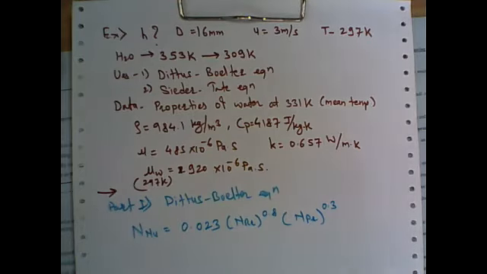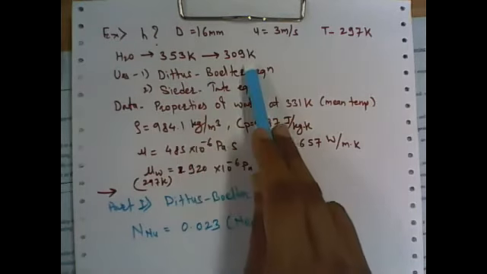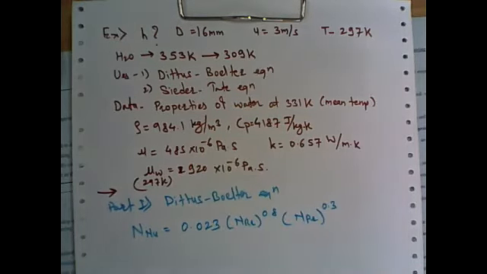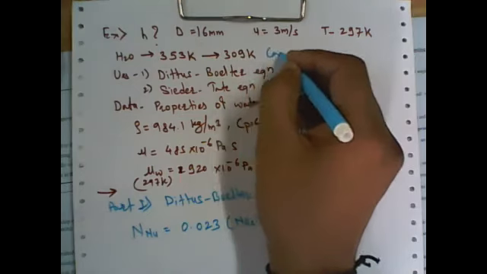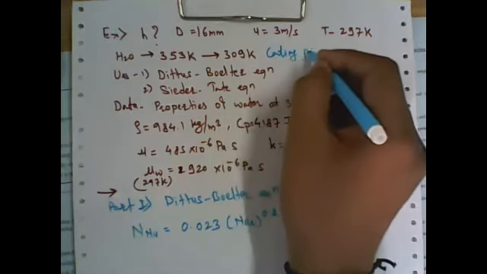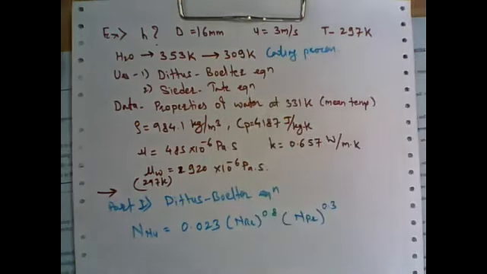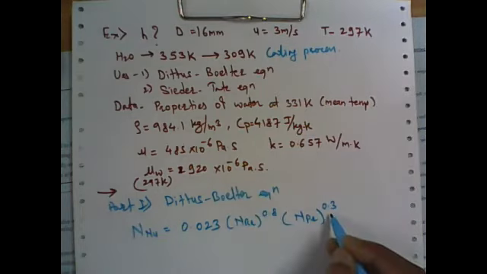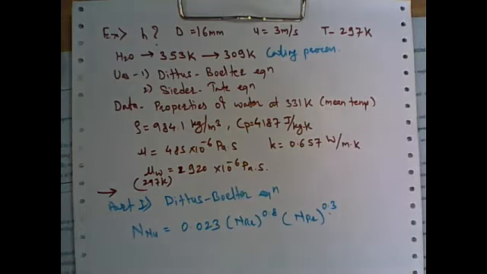So here water is used and the temperature of water is from 353 to 309. It indicates that it is a cooling process, and for the cooling we are going to use this 0.3. So Prandtl number raised to 0.3.